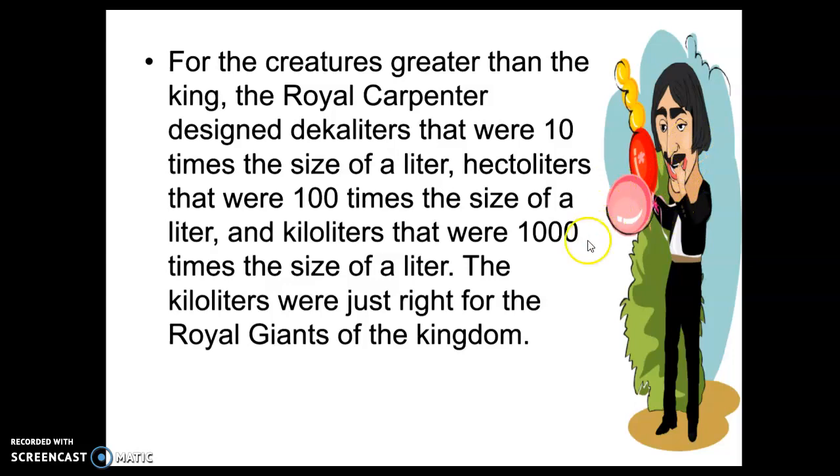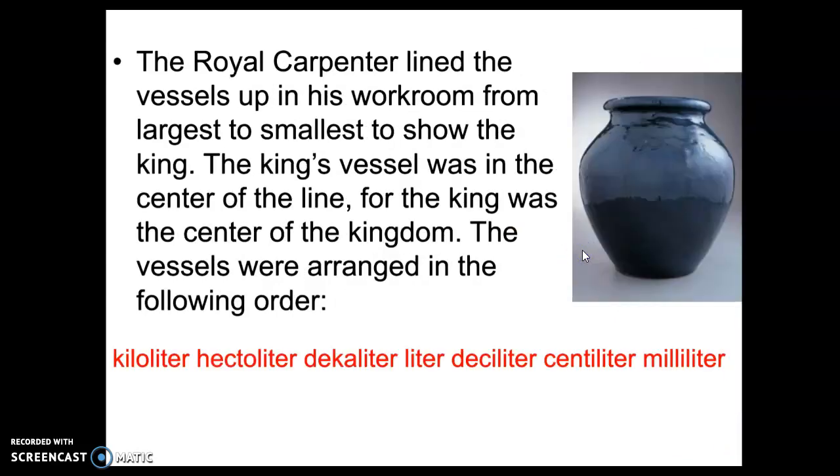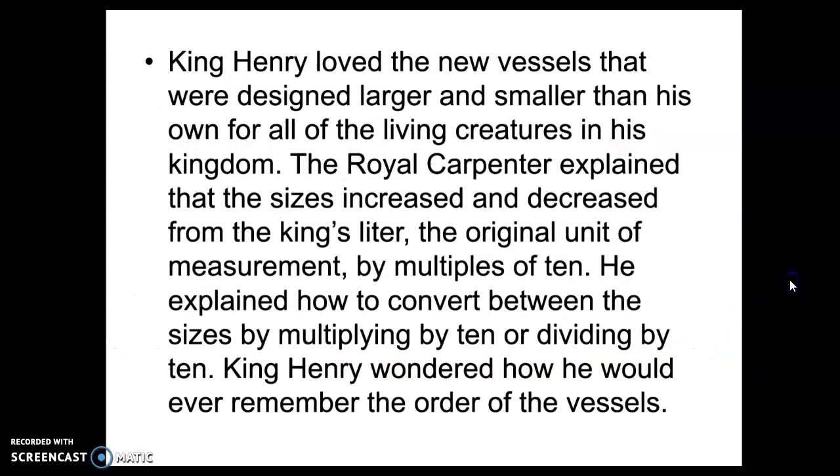It's a little creepy. The royal carpenter lined the vessels up in his workroom from largest to smallest to show the king. The king's vessel was in the center of the line, for the king was the center of the kingdom. The vessels were arranged in the following order: kiloliter, hectoliter, decaliter, deciliter, centiliter, and milliliter.